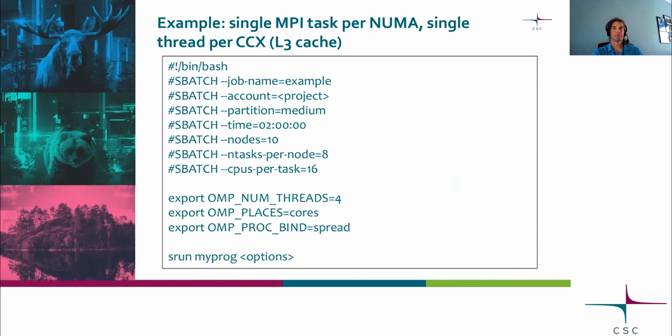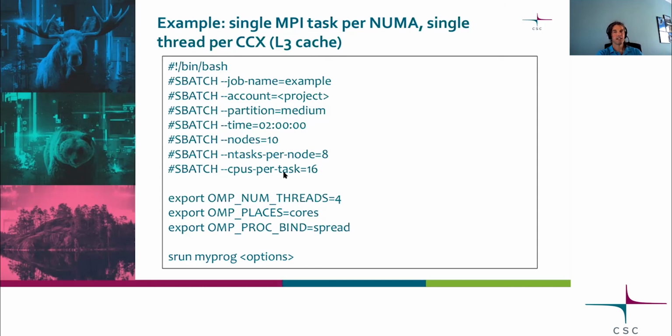Once again, we would like 8 MPI tasks, 1 task per NUMA domain, placed 16 cores apart.